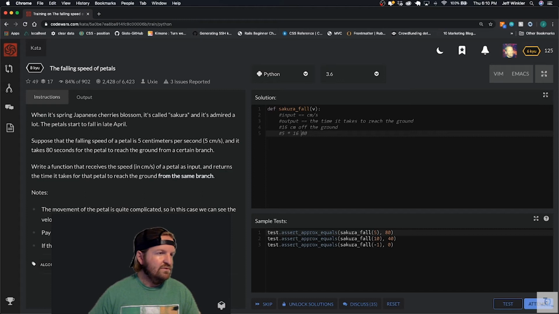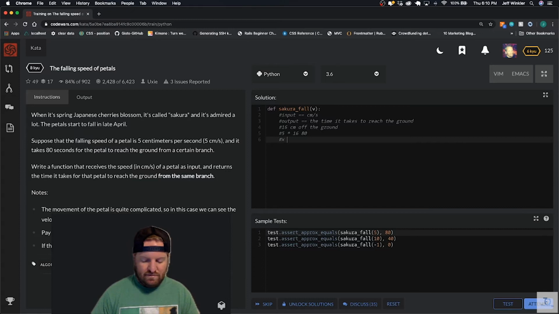So we just need to do something where x times 16 is going to equal 40. So we just need to do 40 divided by 16.